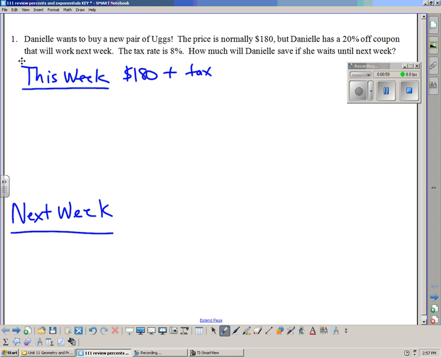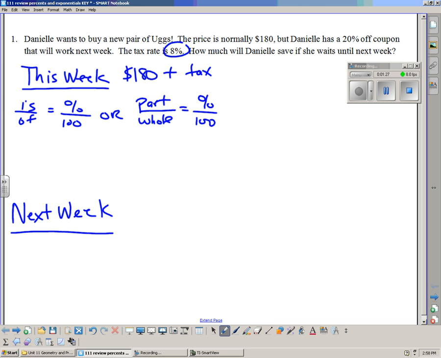We have to get how much the tax is going to be, and the tax is a percent. So we can use our percent formula to figure this out. So remember, our percent formula is part over whole equals percent over 100.